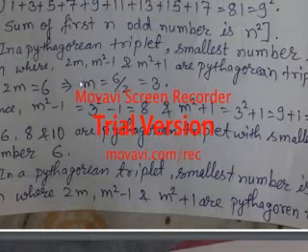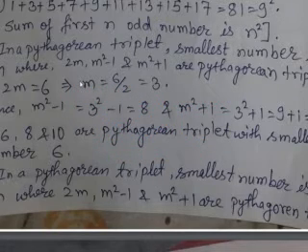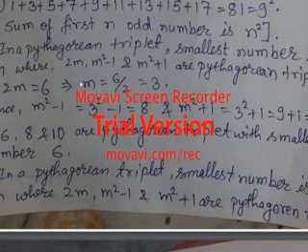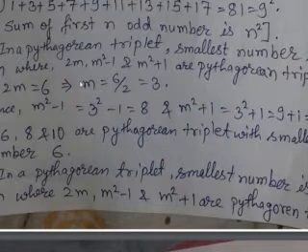But in the case of 4, the smallest member is not 2m, nor is it 2m in every case. Why am I saying in the case of 4 it is not? Because if you take 4, then m will become 2, and m square minus 1 will become 2 square minus 1, so it will become 3, and 3 becomes the smallest member, not 2m. I hope you are understanding.